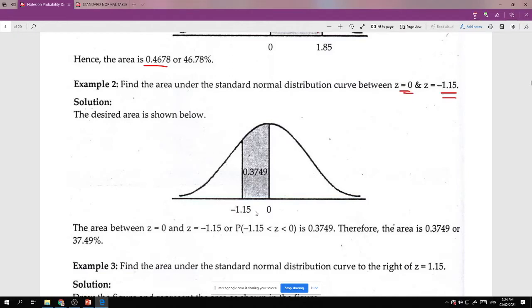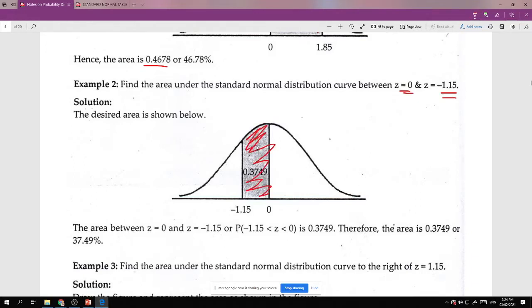Since it's negative, negative 1.15 is located left of 0. So you need to locate negative 1.15 first. And here, it's just an approximation. It should be located at the left of 0. So this is now the shaded region.